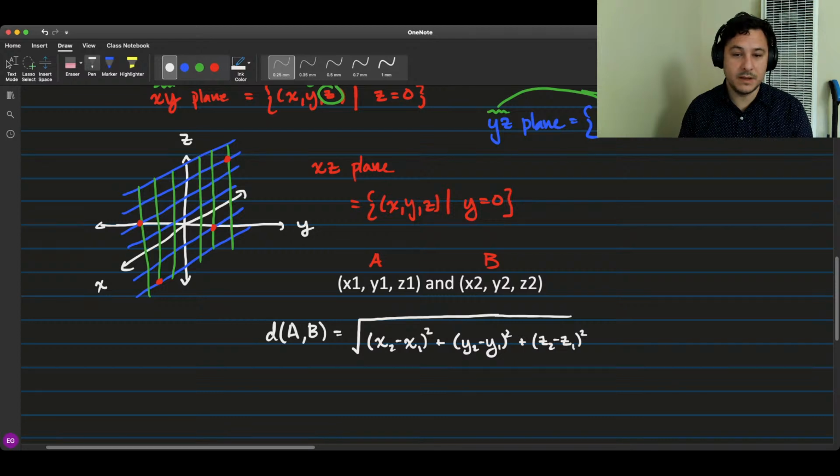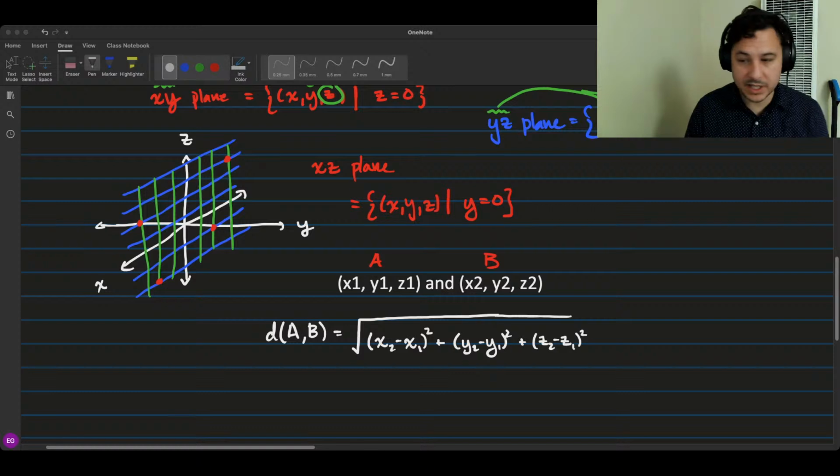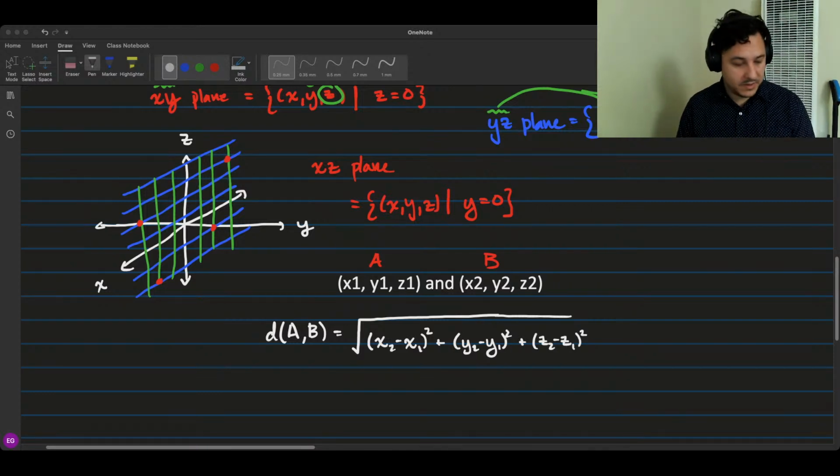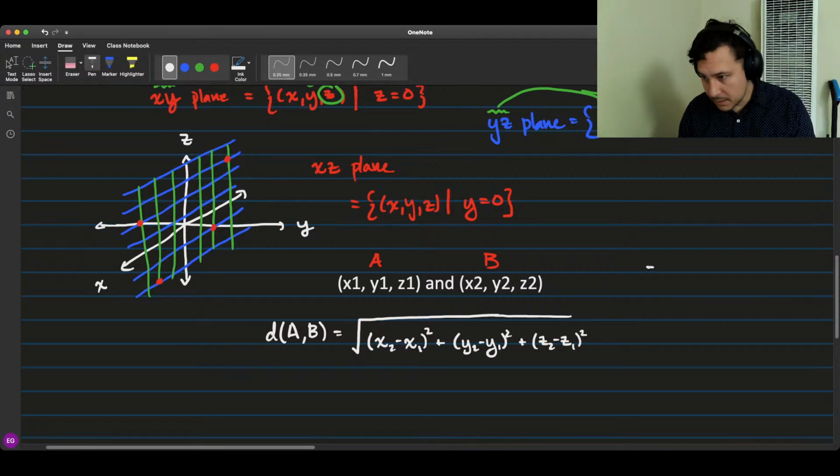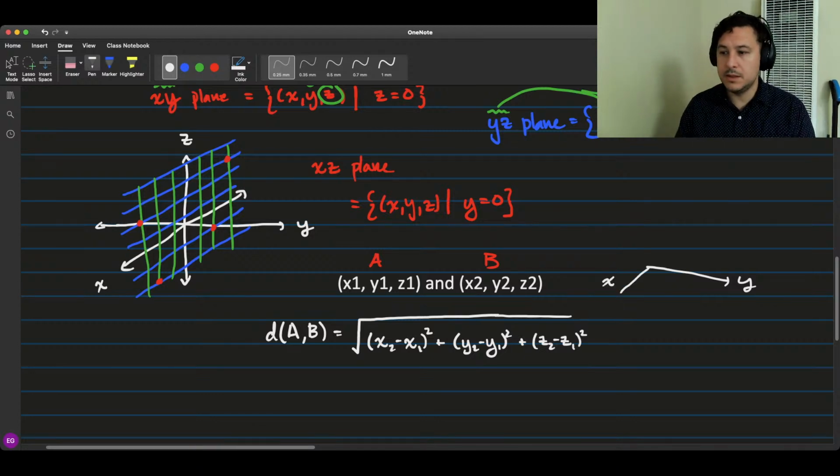It's actually not too hard to show that this actually works. It's pretty cool. I recommend you go through and actually see, like, draw it. It's an interesting experience to calculate this formula. What I'll point out is that, let's just say that this is like the y-axis and this is the x-axis. So what you would do is you would move out x1 in the x direction.